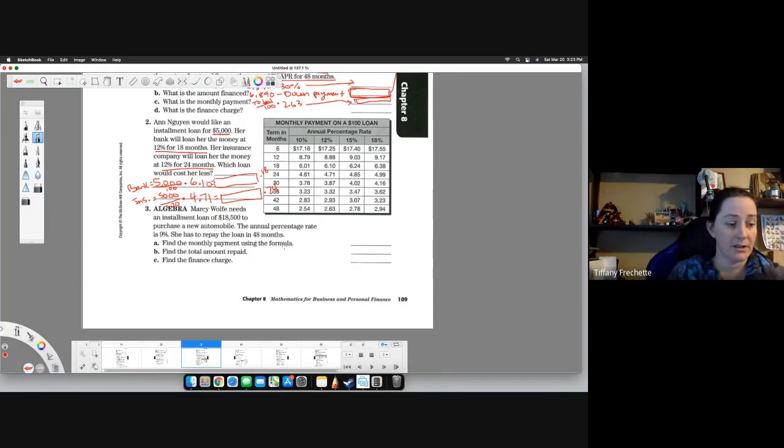All right, so monthly payment would be the amount of the loan, and it's not mentioning anything about a down payment. So we're going to go with her total amount being $18,500, and we divide by 100. Remember, we need to know how many hundreds are in there. Times, now we need to use this piece here. So let's see.